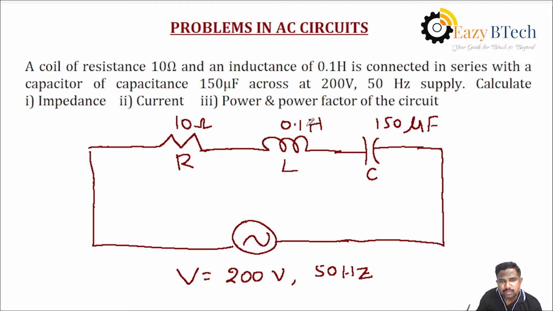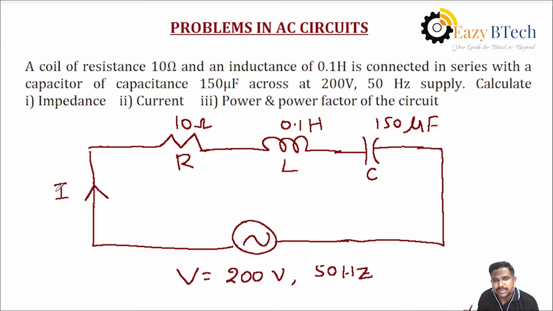The value of micro is 10 power minus 6. That is, the capacitance value is 150 into 10 power minus 6 farad. Hence, you can assume the current passing through the circuit is I. This is the given RLC circuit based on the given values.